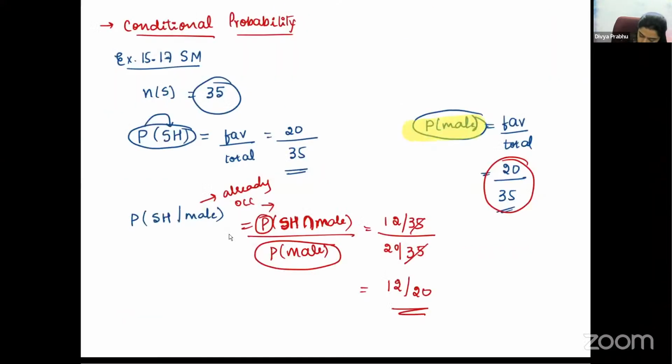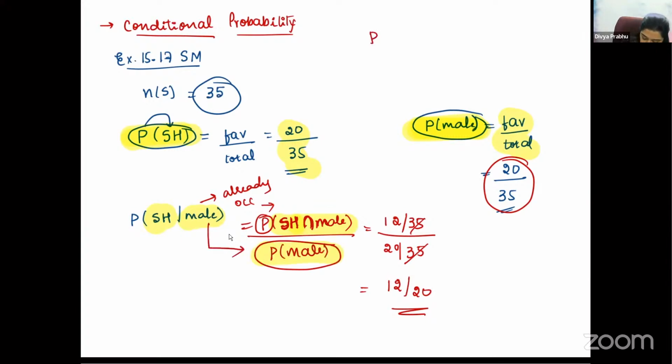This event will come after the slash, so service holder will come before it. When a conditional probability question is there, first find the individual probabilities: the probability of him being a service holder, and the probability that he is a male. Once you calculate this, apply the formula. The formula is service holder intersection male divided by probability of male, which is already occurred.